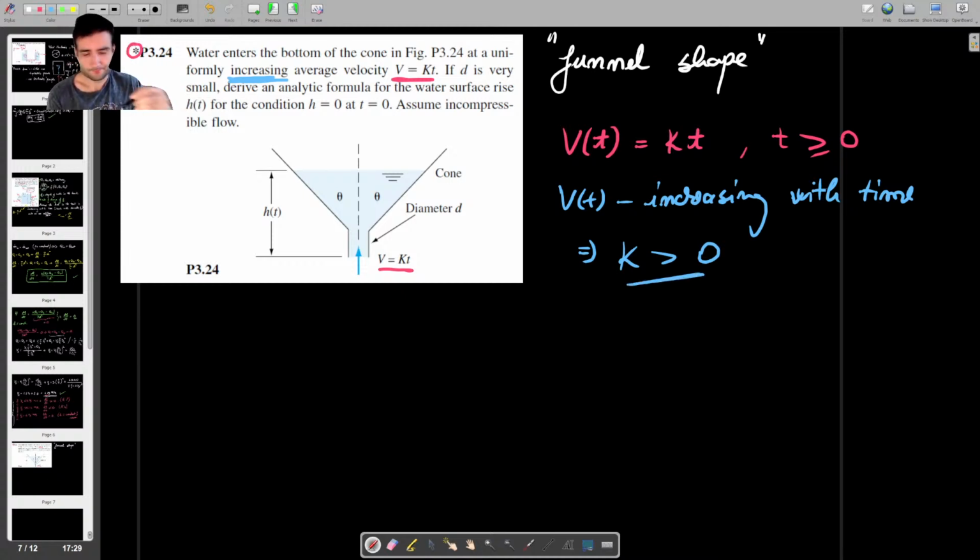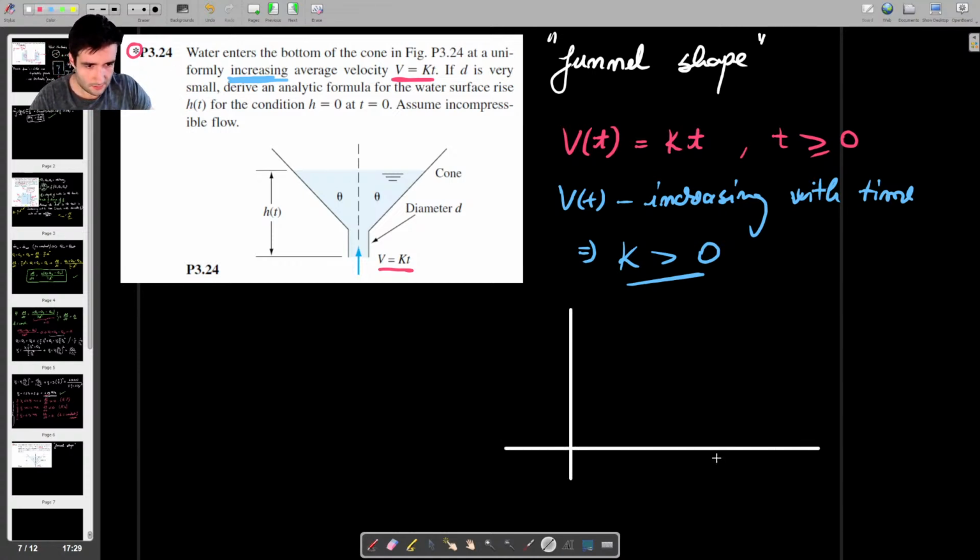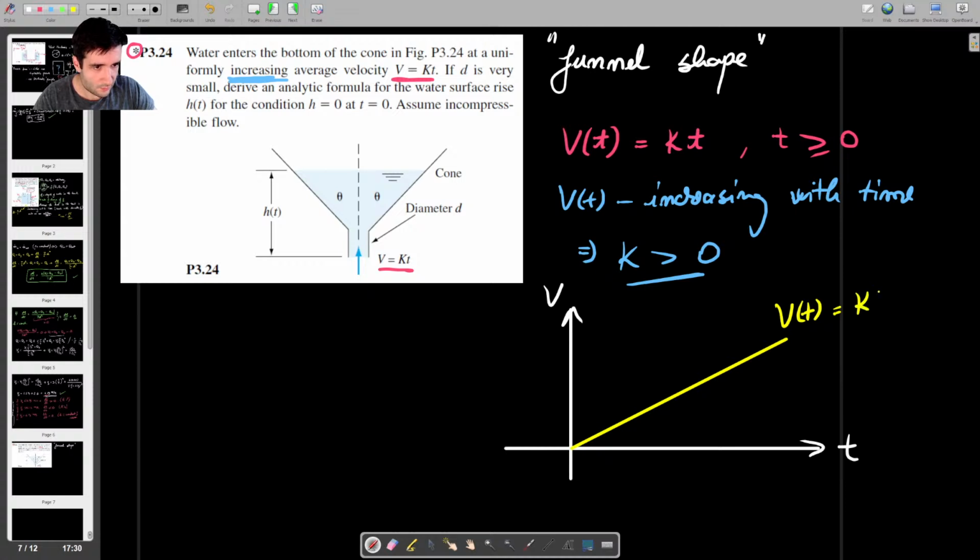Okay, so if you try to plot this out with respect to time, so let's say this is the velocity and then this is time. If you plot this out, you're going to get something that starts from 0 and then it increases in this way. So this is my function v, which is equal to kt.